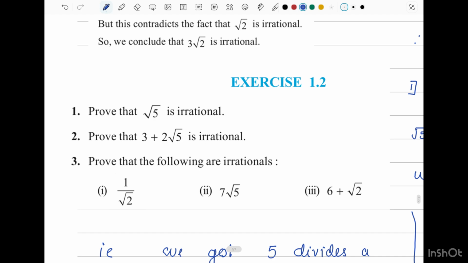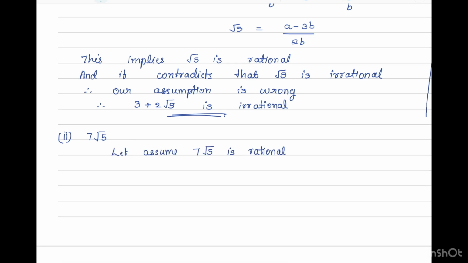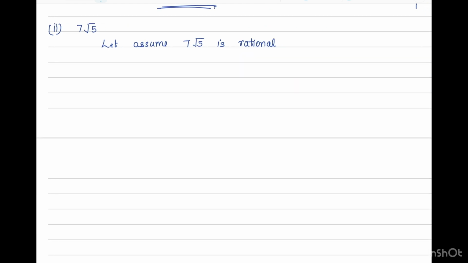Second question, 7 into root 5. So we can assume that 7 into root 5 is a rational number. Then we can write 7 into root 5 in the form a by b, where a and b are integers and b not equal to 0.